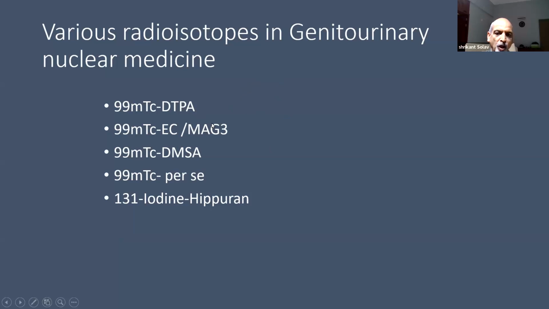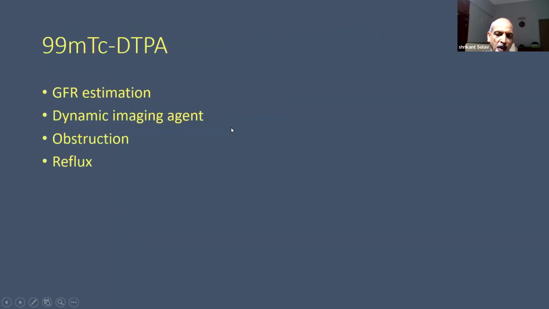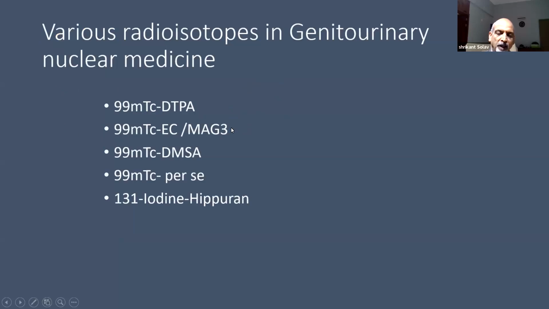So in a patient who has glomerular dysfunction and where the creatinine is high, above 3, 3.5, and you still are interested in knowing whether the kidney is obstructed or not, the isotope of choice should be either EC or MAG3. EC is freely available in our country. MAG3 is made available in limited centers. Both are equally good as far as kinetics is concerned.